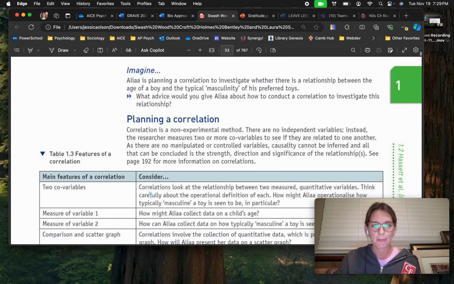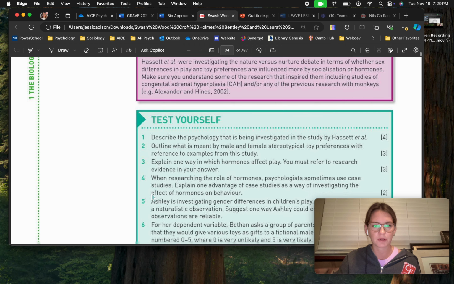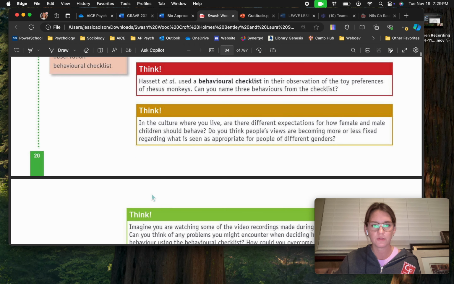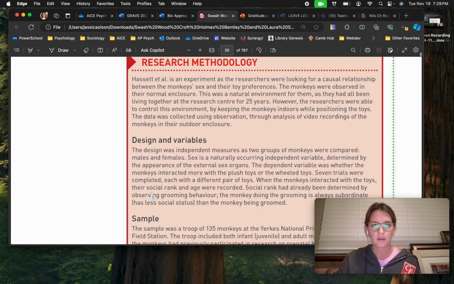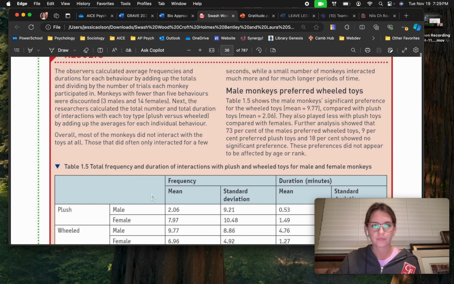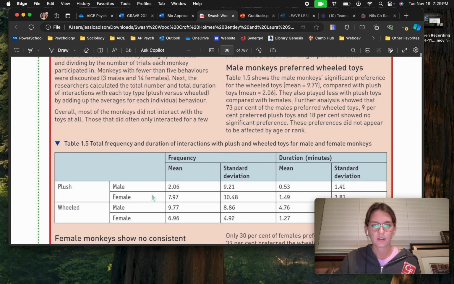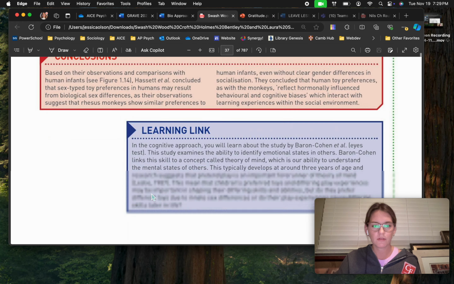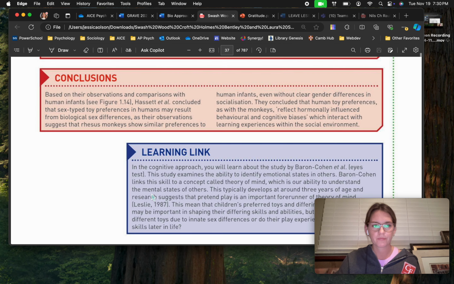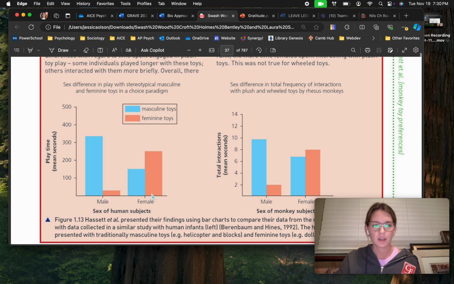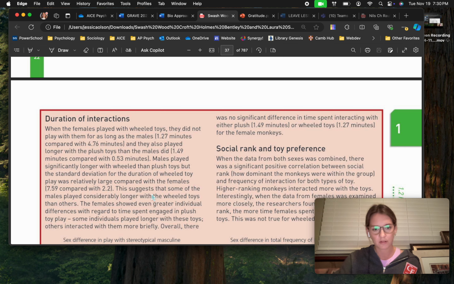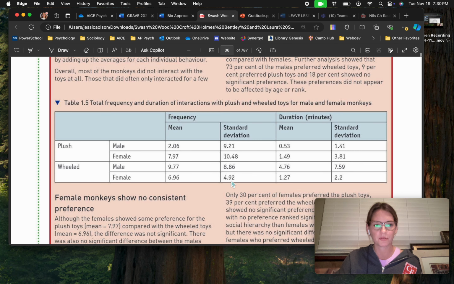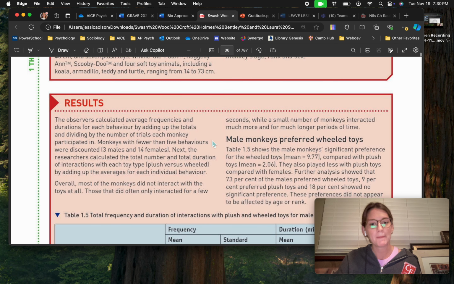I'm going to just keep scrolling down to see if we can skip right to the evaluation. Actually, I do kind of want to look at the results with you guys, because I'm sure you might have been confused.